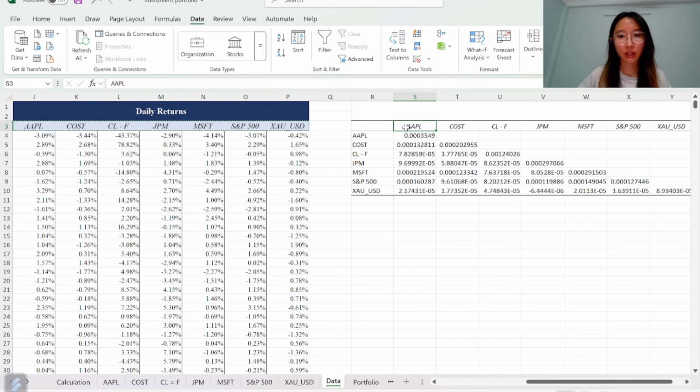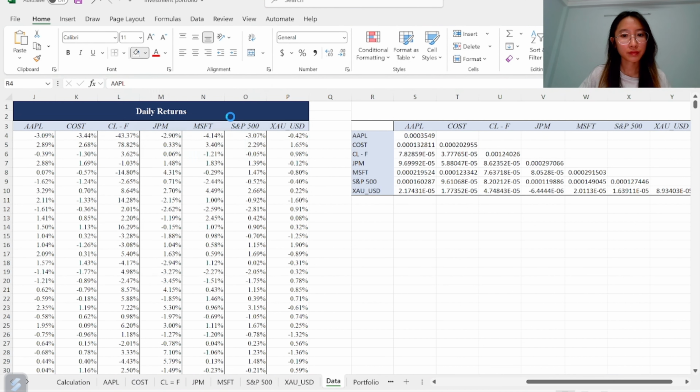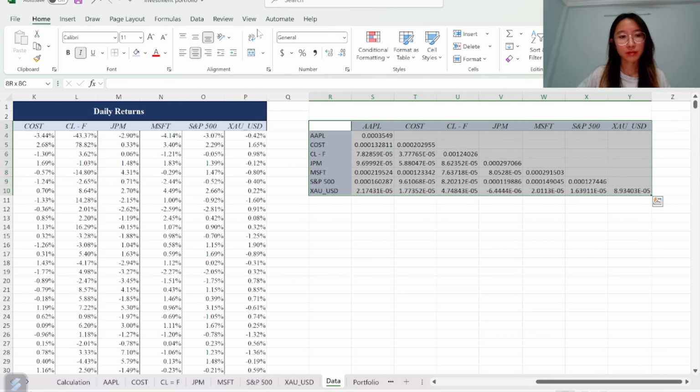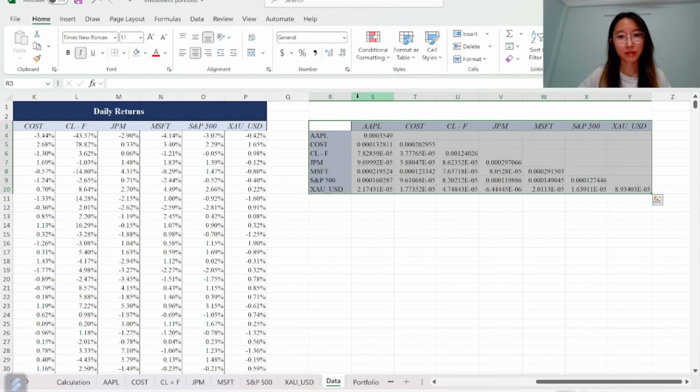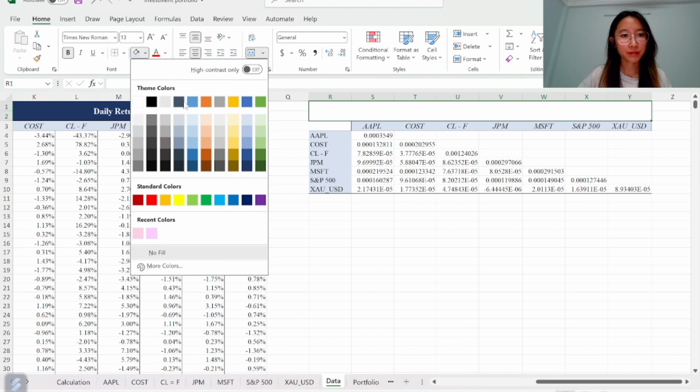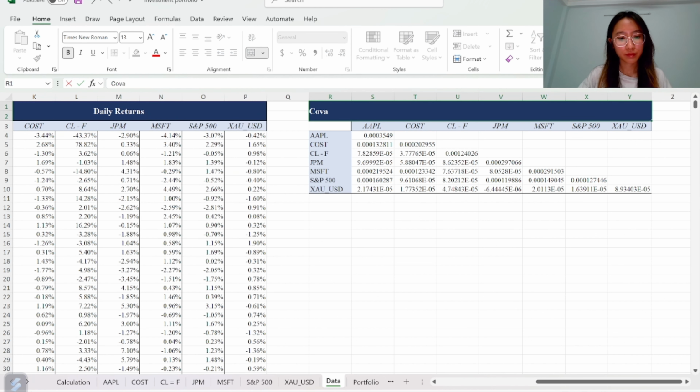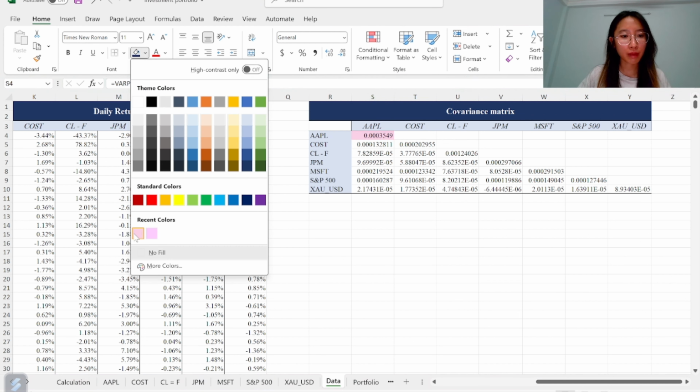And we format a little. And here, let's put the name covariance matrix. There. So you can see when one asset meets itself here, this is actually the variance of the asset.